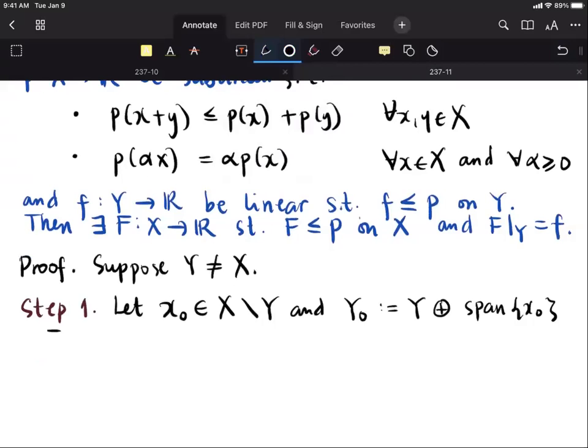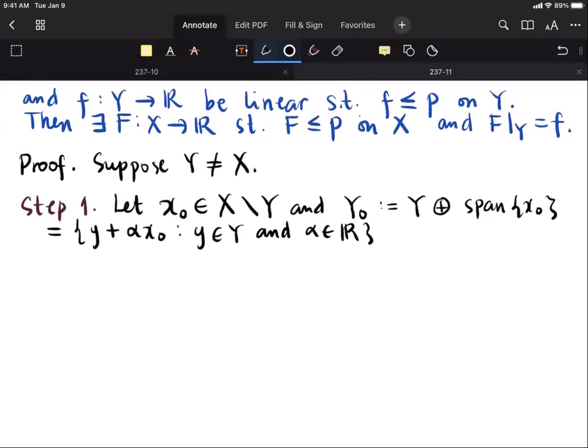So in other words, this is the following set: y plus alpha x naught, where y is in capital Y and alpha is a scalar.